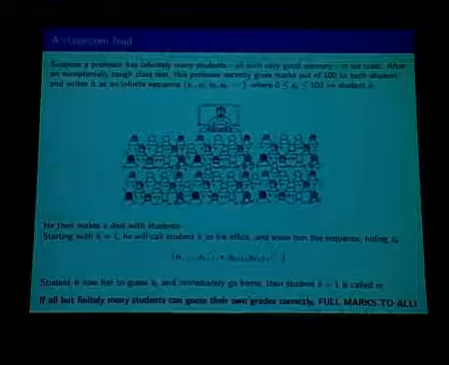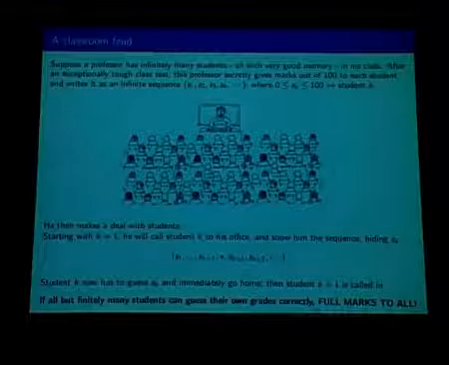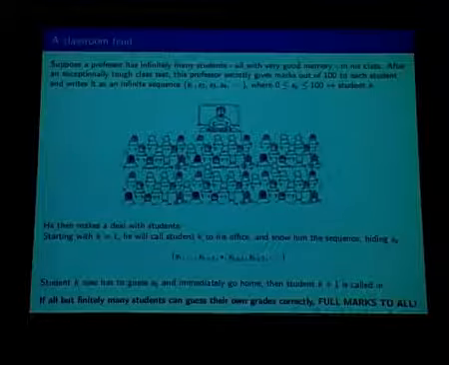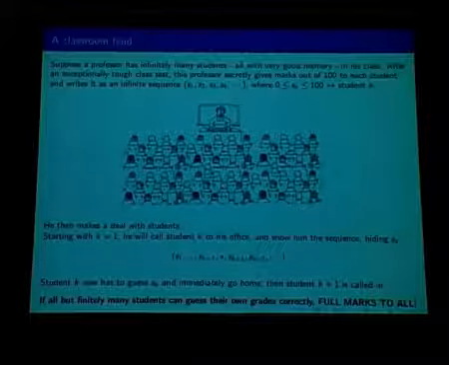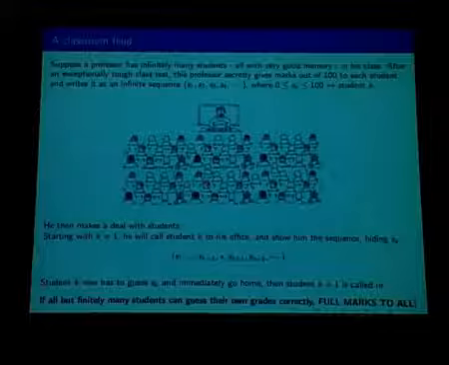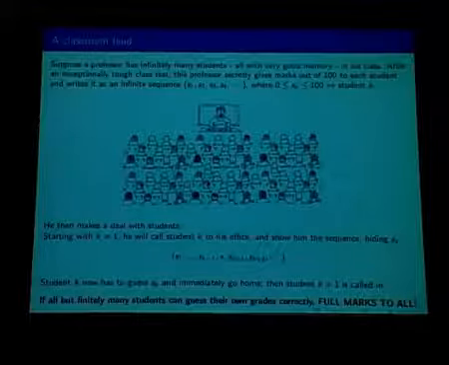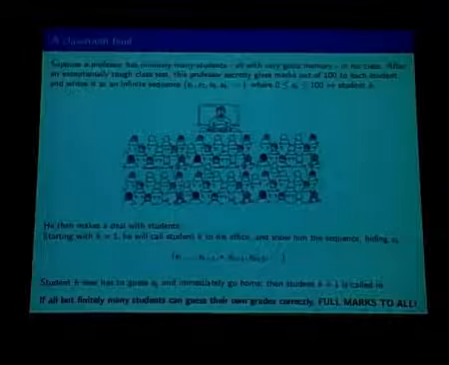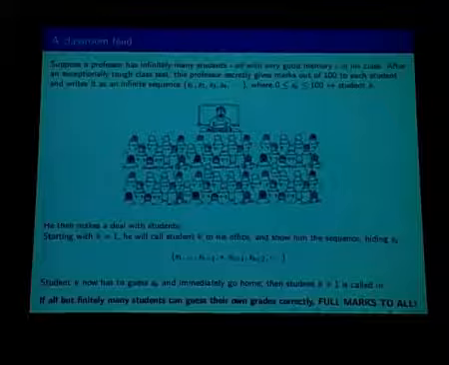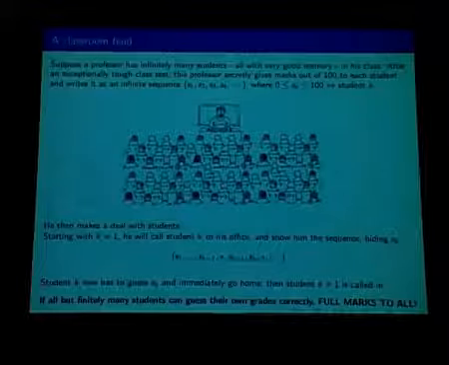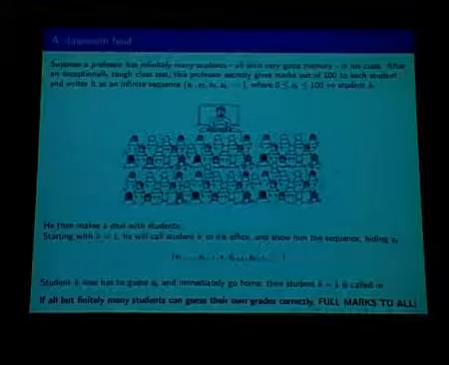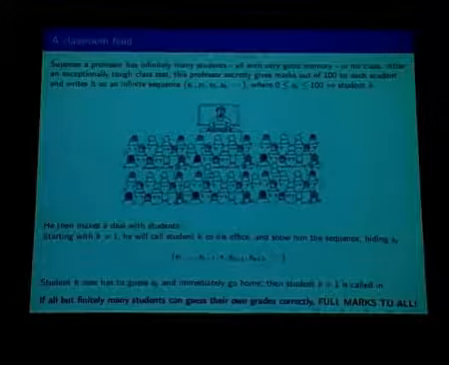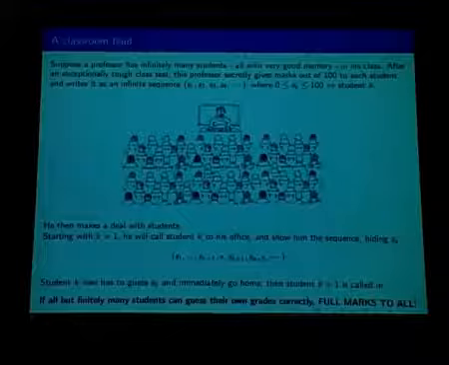After the whole process, if all but finitely many students can guess their own grades correctly, then he will give full marks to all. See, there are infinitely many students, right? So if just finitely many of them say it wrong, he is ready to forgive. Assuming that the students are allowed to meet beforehand and find some strategy, the question is whether they can do something to win their case.